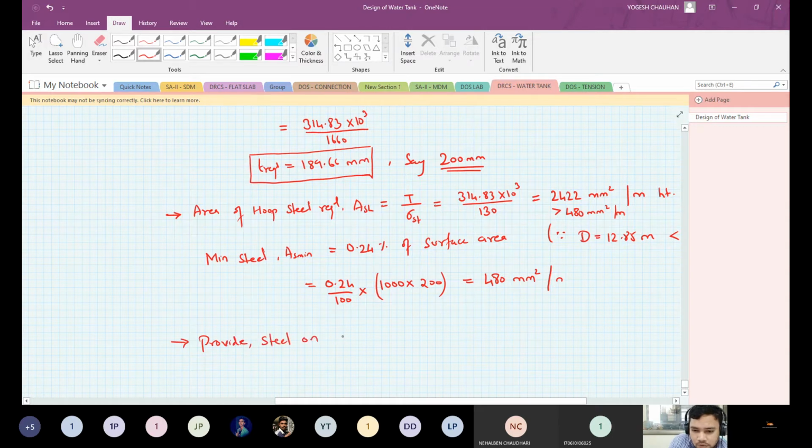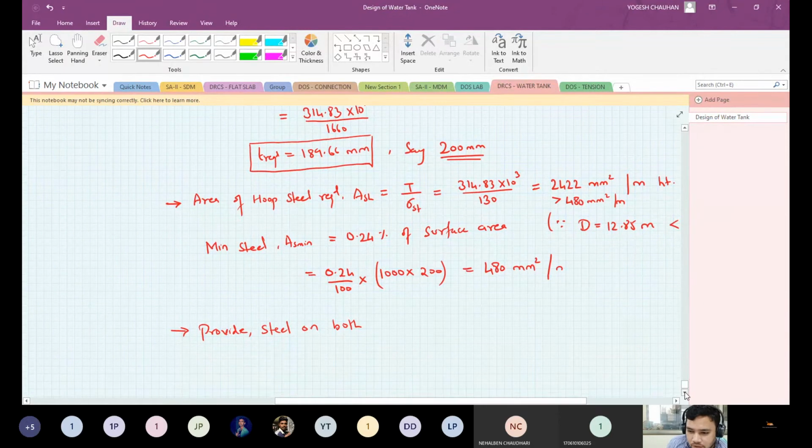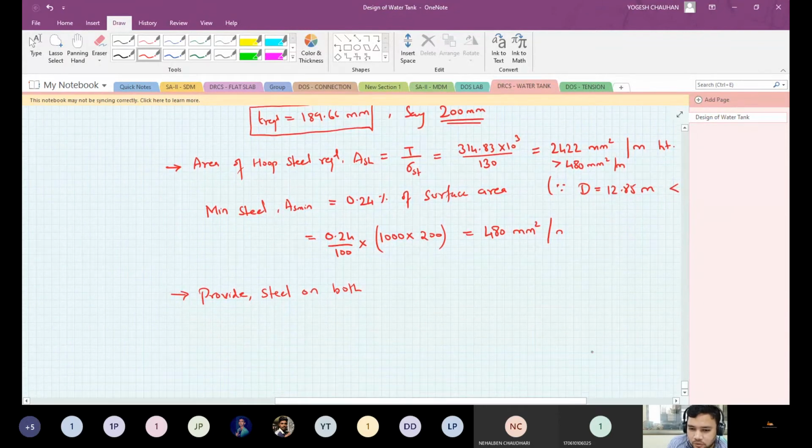Provide steel on both sides, because we know that for thickness less than 200, we can provide steel in a single layer, but for 200 or more thickness, we have to provide the steel in two layers. So let us provide the steel in two layers on both faces.